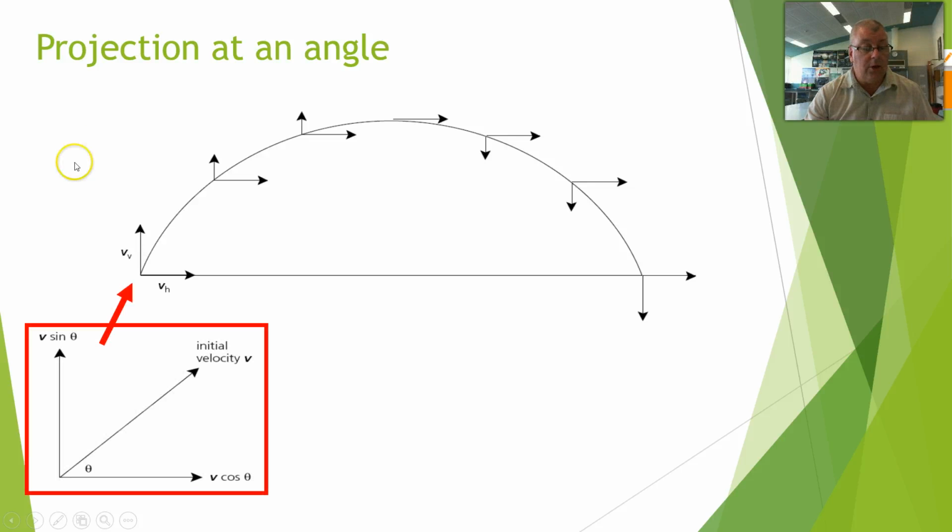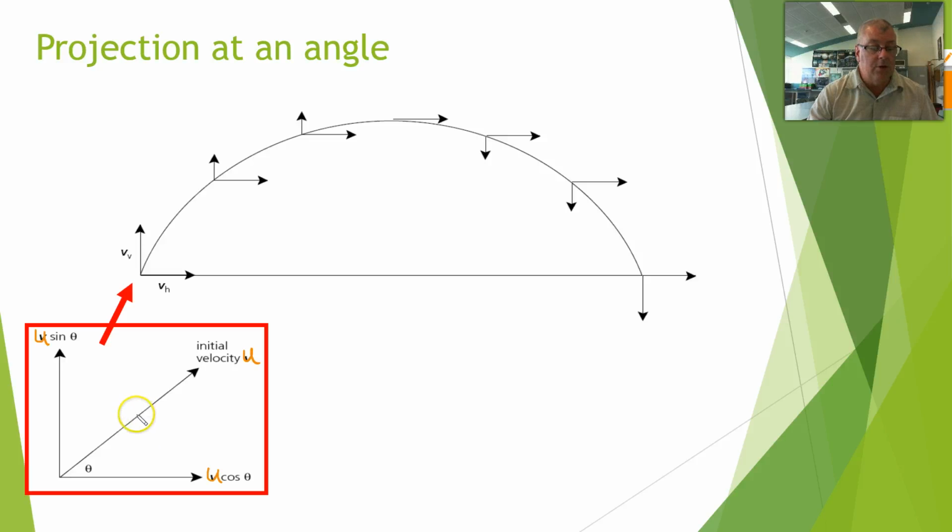Now the thing here is that you've also got to work out your components, because more than likely you'll just be told that the object has an initial velocity of 10 meters per second at 45 degrees to the horizontal. And so you've got to separate your horizontal and vertical components in terms of the initial velocity. And this should in reality be a u, and this should be a u, because that's our initial velocity, u.